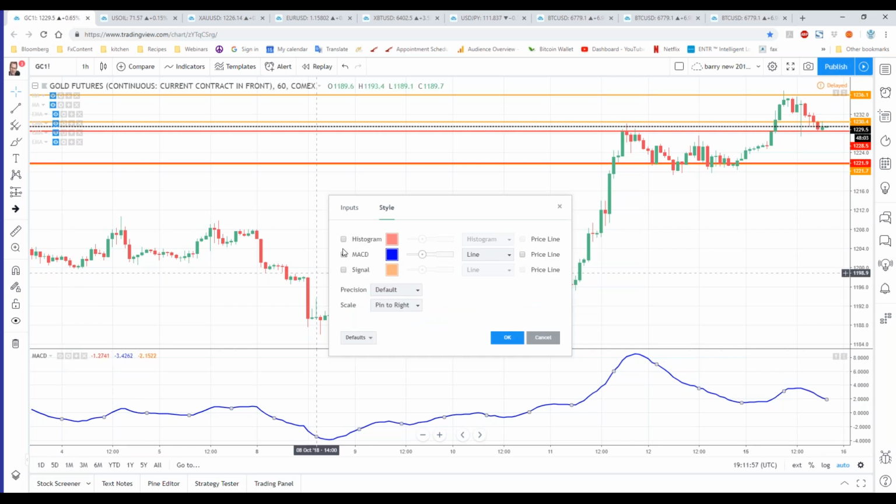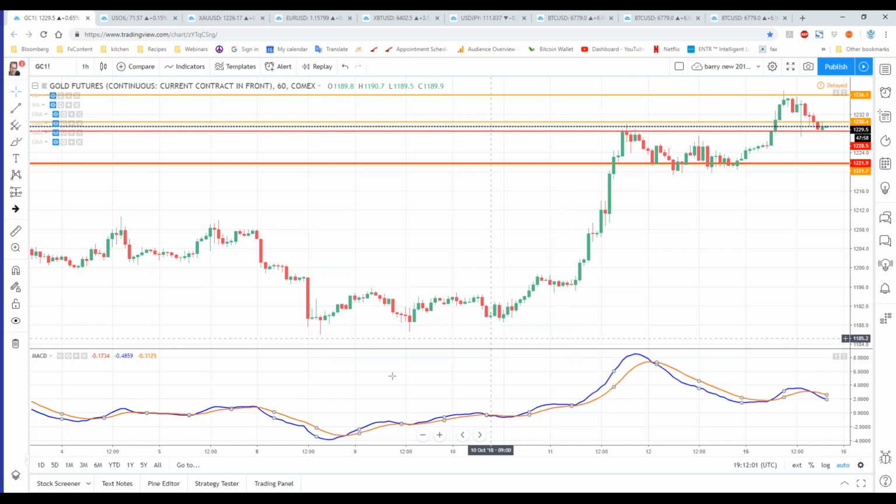And that's called the signal line. We simply drop that on the chart below. And then when the MACD line crosses the signal line, it gives us a transaction signal, either a buy signal or a sell signal.